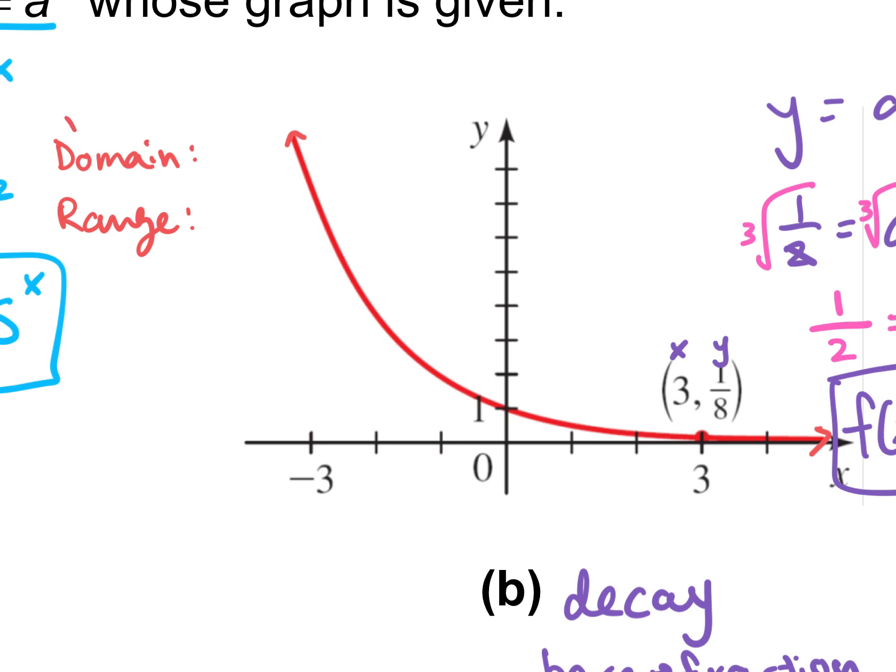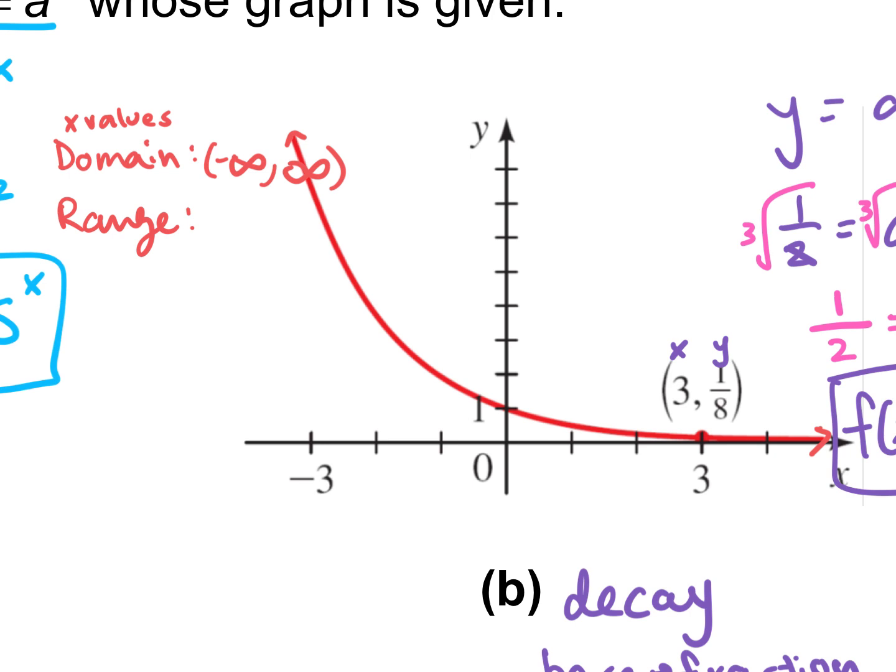So our domain is the x values. Domain and range, we always start from smallest to largest. So we start with the smallest x value to our largest x value. Our graph is pointing forever in the left direction and forever in the right direction. So what would our domain be? Negative infinity to positive infinity. Perfect.